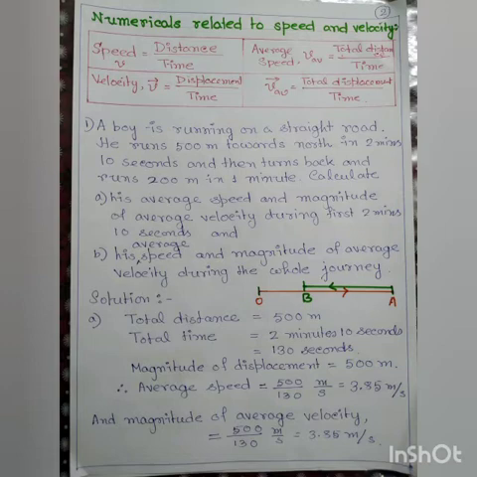So average speed will be total distance by total time, that is 500 meters by 130 seconds, that is 3.85 meters per second.